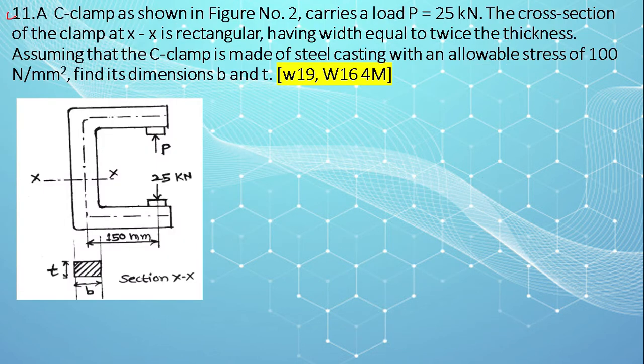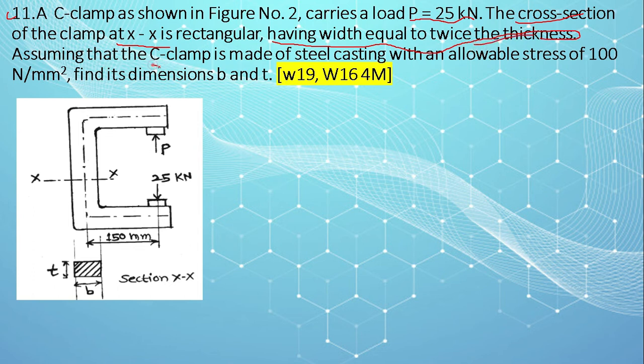Problem number 11. A C clamp as shown in figure number 2 carries a load of P equal to 25 kN. The cross section of the clamp at XX is rectangular, having width equal to twice the thickness.